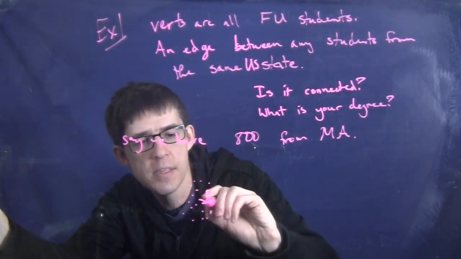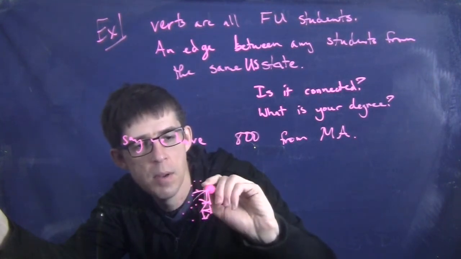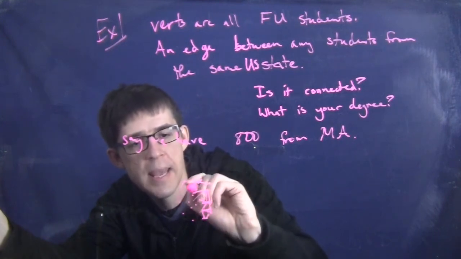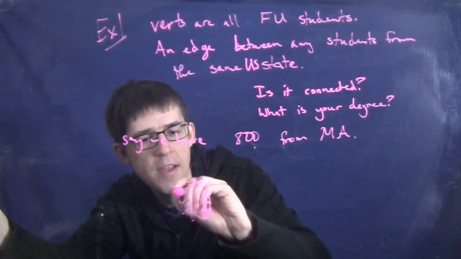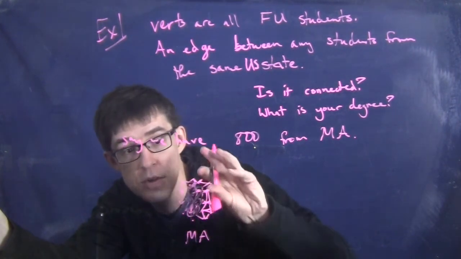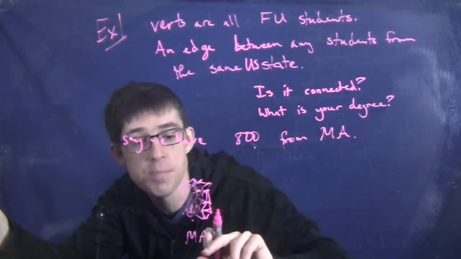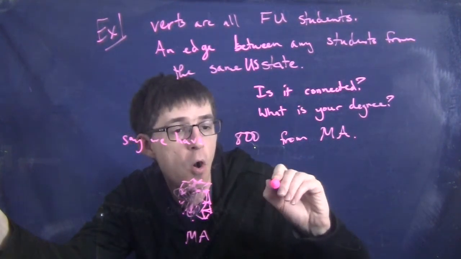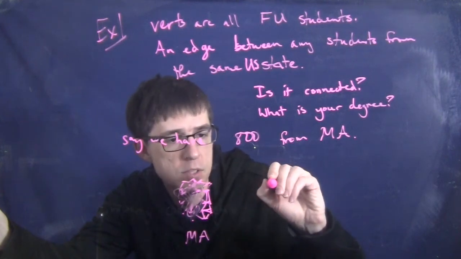What that looks like in the graph is you're going to have all these 800 people, and every one of them will be connected to every one of the other ones. Every single person among this 800 is connected to all of the others, and they are not connected to any others. This is like all the people from Massachusetts. They are in one piece of this graph, and none of those people have any connections to anybody in another state. We also have all the people from Connecticut, which is probably even more than the ones in Massachusetts.